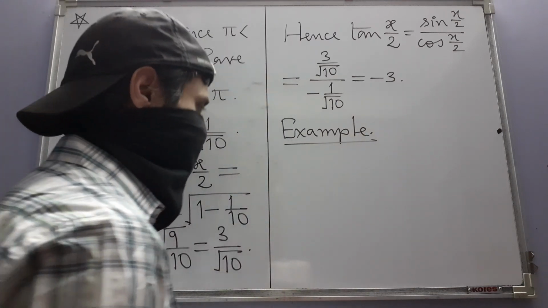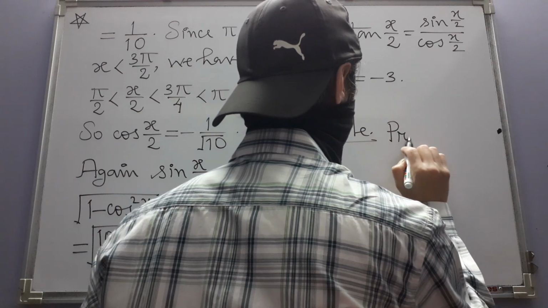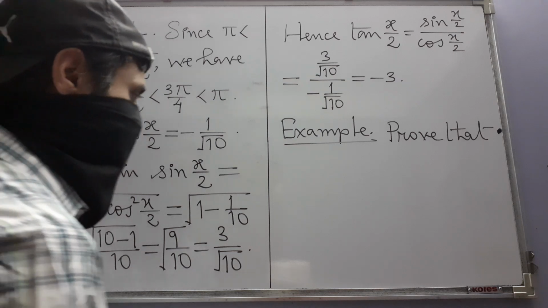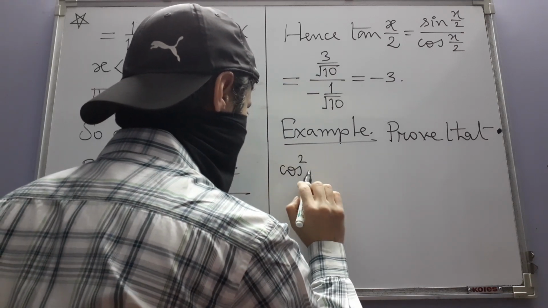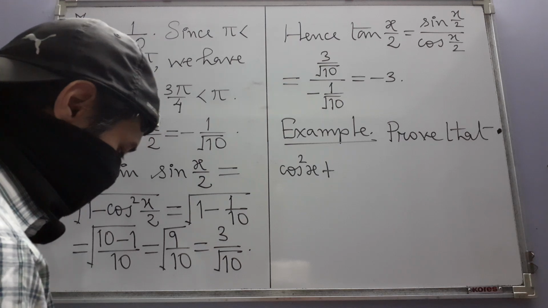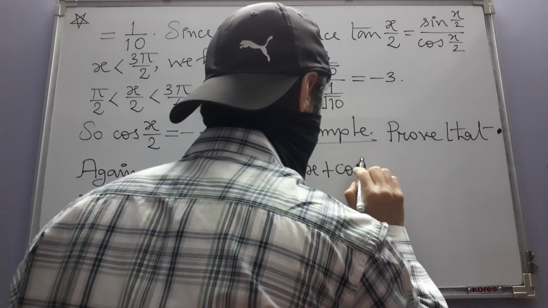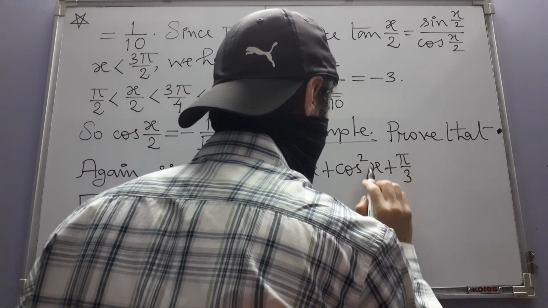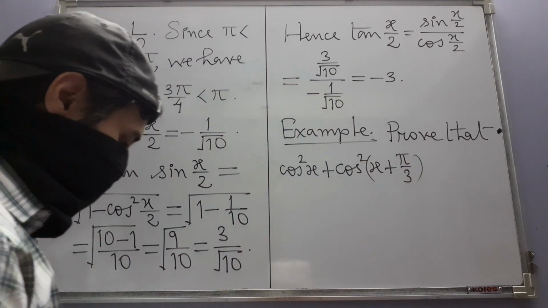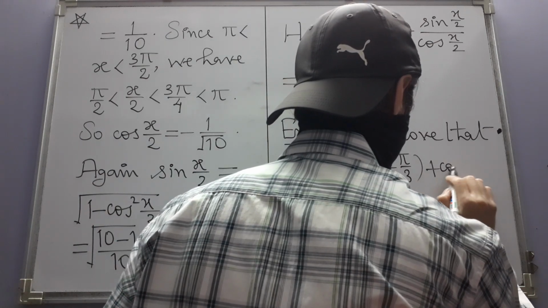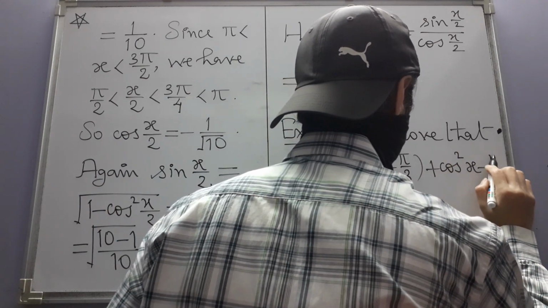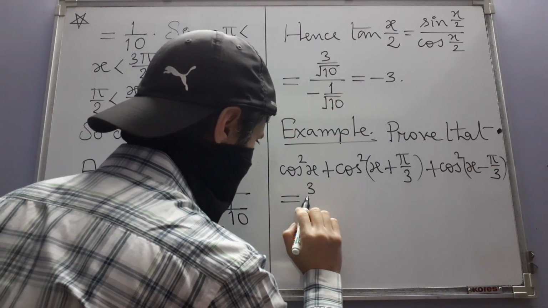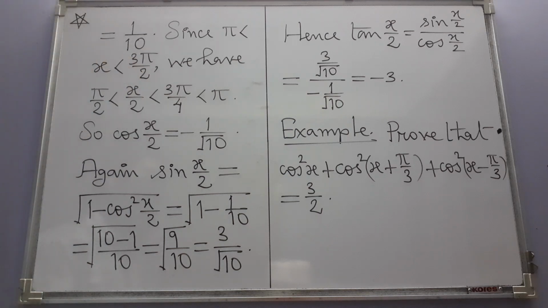In this we have to prove an identity. Prove that cos square x plus cos square of x plus pi divided by 3 plus cos square of x minus pi divided by 3 is equal to 3 divided by 2.